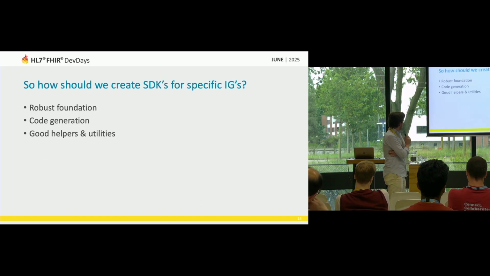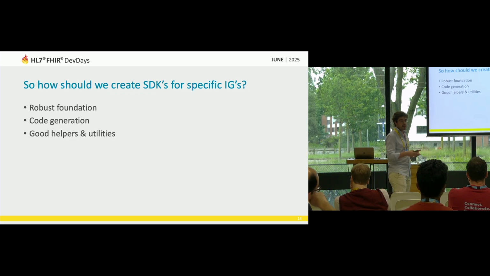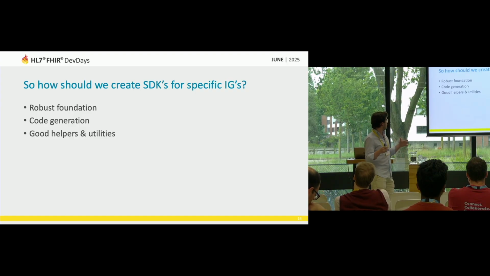But I think there are solutions, and a good way to build an SDK for an IG is to build on a robust foundation. I think Pydantic is doing the job, it's working quite well, but we will need code generation. We've seen that in the Java and the .NET scene, all SDKs start from a code generation step, and they're also working towards code generation for profiles.